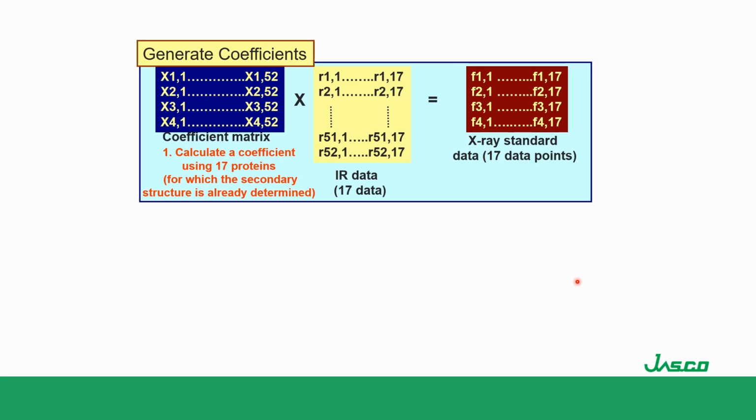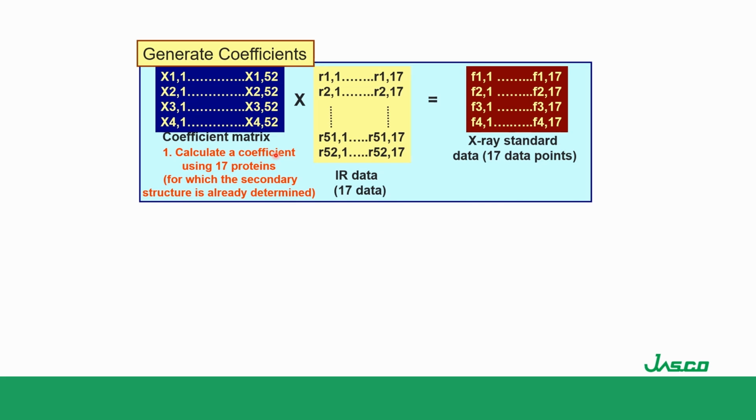So how do we do that? Since this technique is based on Beer's law, and Beer's law can be thought of as a line, the technique that we use is a matrix, and this matrix is formed by the information of 17 different proteins, and this data comes from the X-ray standard data. The IR data of these 17 different proteins is measured, and with these two data sets, the coefficient matrix is calculated.